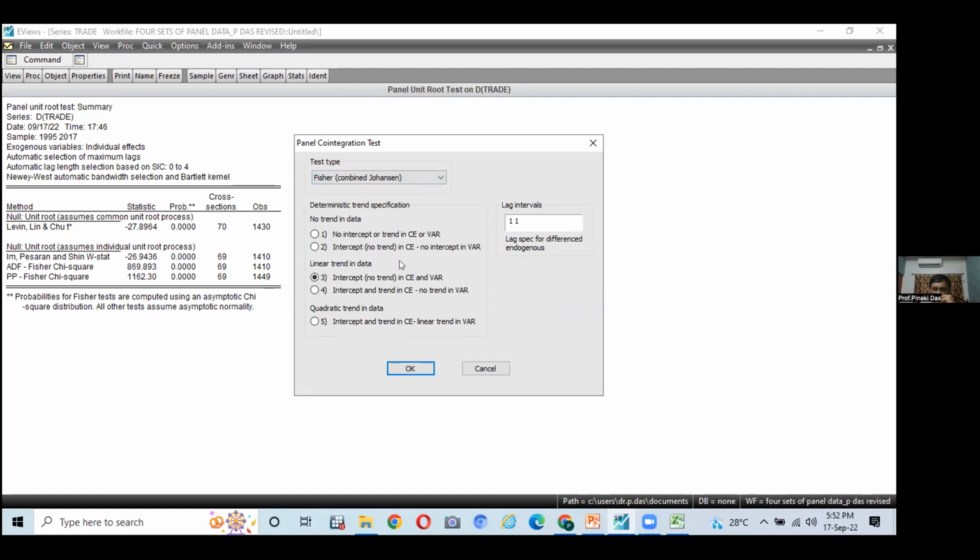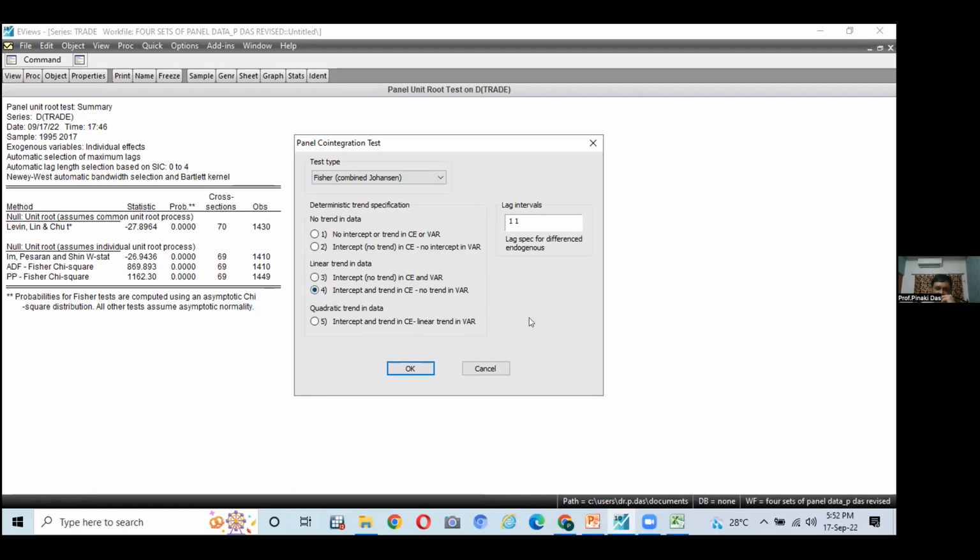Under it, in respect of deterministic trend specification, there are five alternative options. Among these, you can select any one, or you can check your result for all five alternative types of deterministic specification.